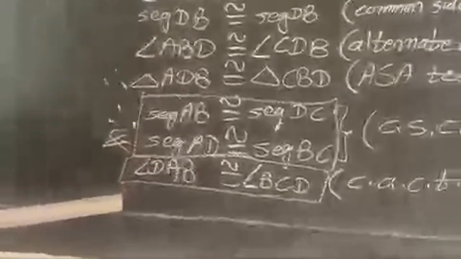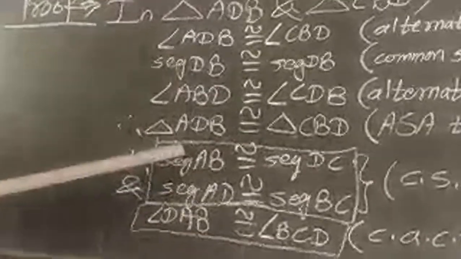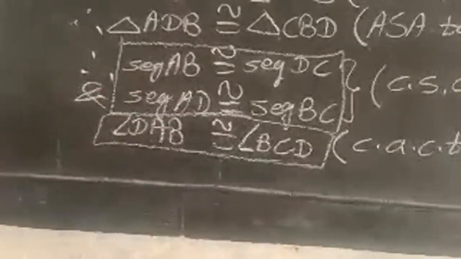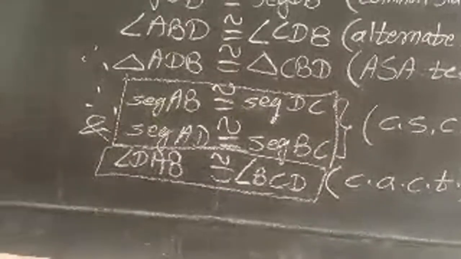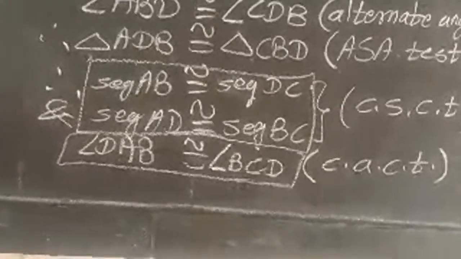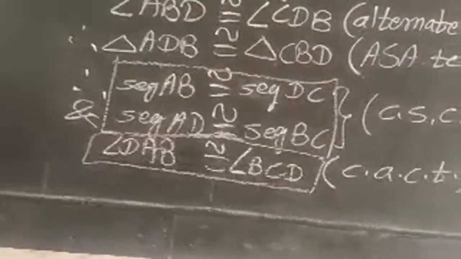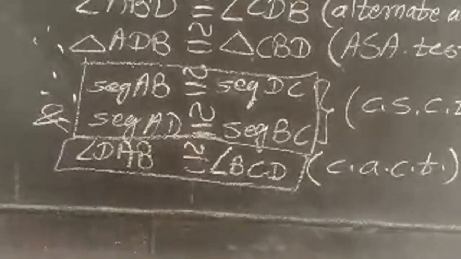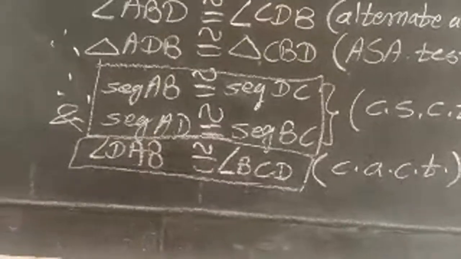There are two methods. The first method is to join AC and write six steps. The next method is to write only one sentence. Which method do we apply here? Six steps or one sentence?